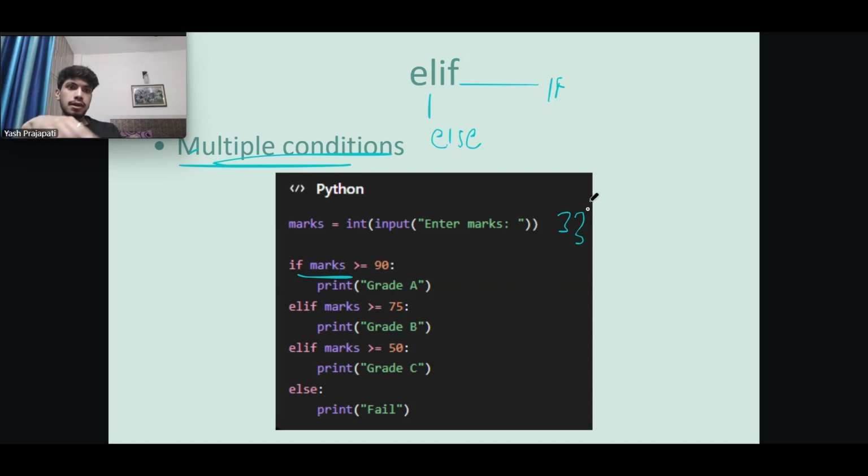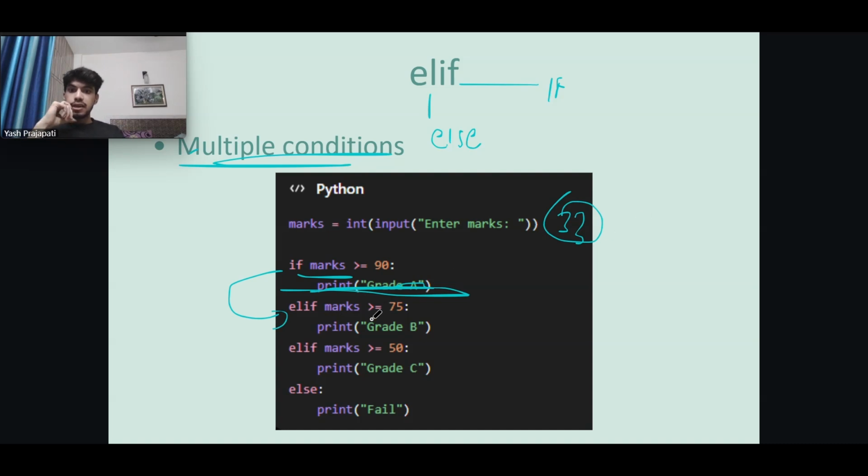Tell me, is the number we have taken as input greater than 90? No, obviously not. So it will escape, or we can say it will just skip this line, and then it will go to the elif statement.